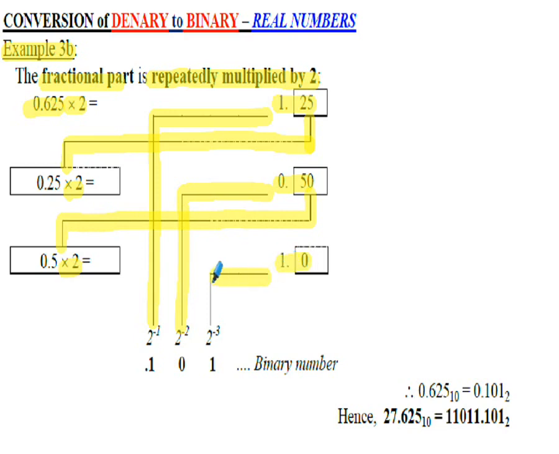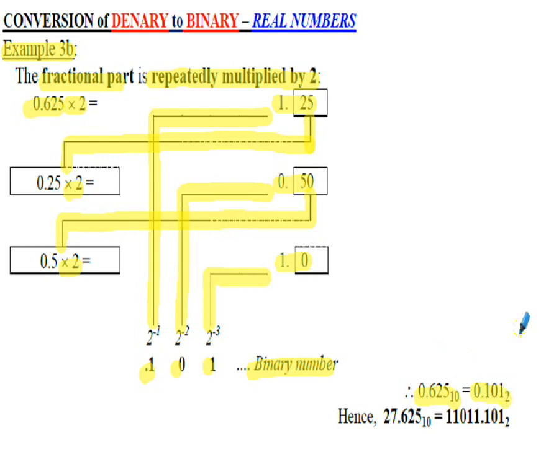We write the 1 under the column heading of 2 to the minus 3. We now have our binary number of 0.101. That's the binary number. So we can write that 0.625 in base 10 is the same as 0.101 in base 2.